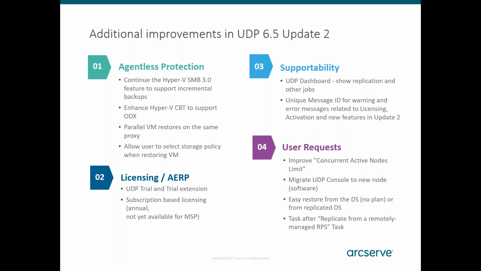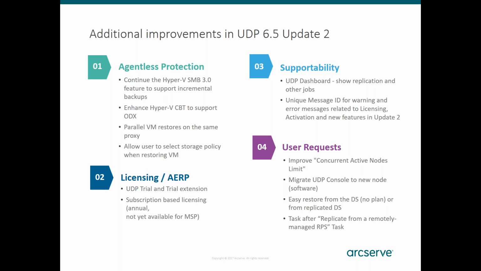We've also added unique message IDs for warning and error messages in the UDP log activity logs. And this is more of a benefit for using the APIs into third-party monitoring and management tools, where each message gets a unique ID when we're extracting it through the web services APIs.